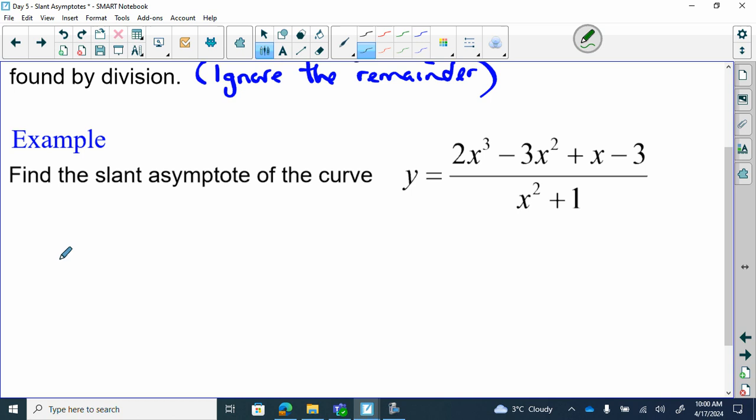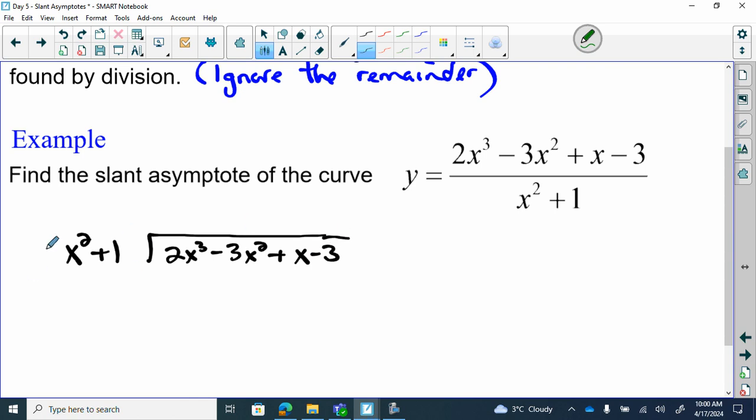So think of when we were doing factor theorem. If I divide the polynomial 2x cubed minus 3x squared plus x minus 3 by the polynomial x squared plus 1, I am going to start. So it's 4 terms divided by 2 terms.